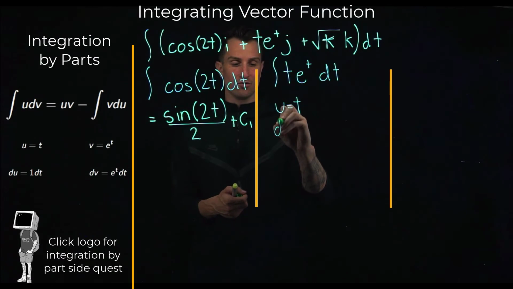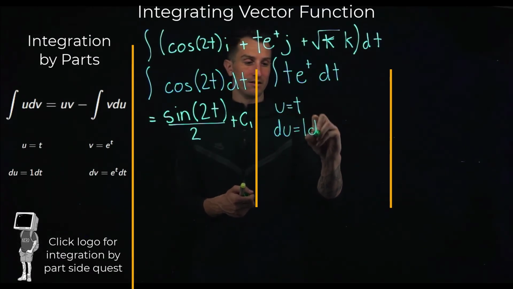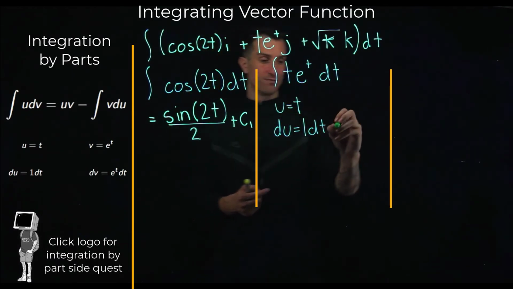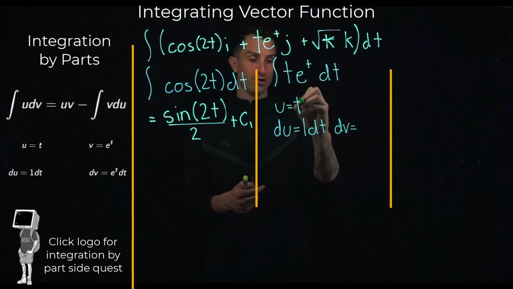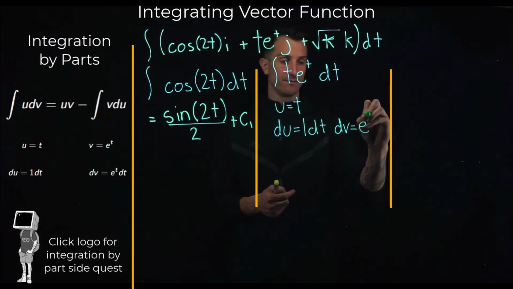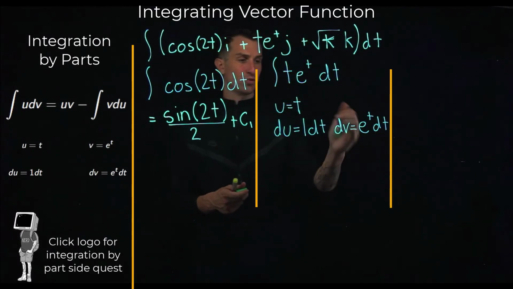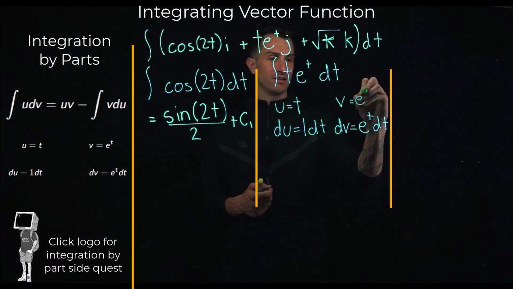And du, the derivative of t, is going to be 1 dt. So if this t is u, that must imply dv here must be equal to e to the t dt. And if we're taking the integral of e to the t, which is v, it's just going to be e to the t.